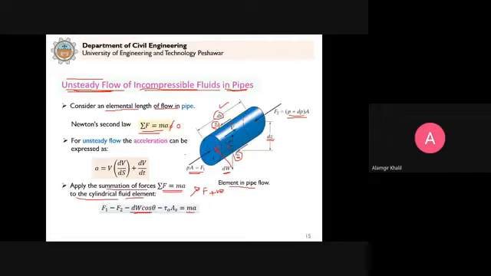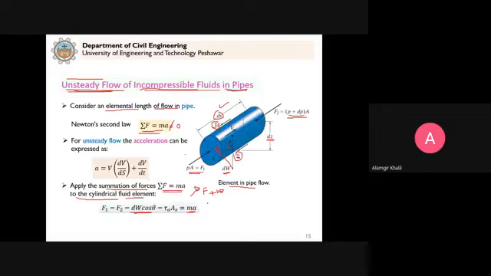be equal to ma. Now ma is not 0, because if you remember in chapter number 8, when we discussed the Darcy-Weisbach formula, we equated this to 0. But now in this case, the flow is unsteady. So when the flow is unsteady, we have ma.